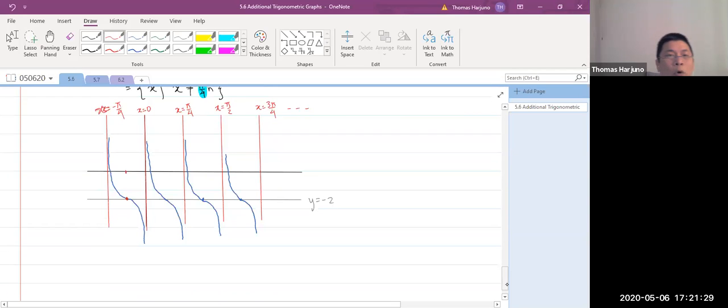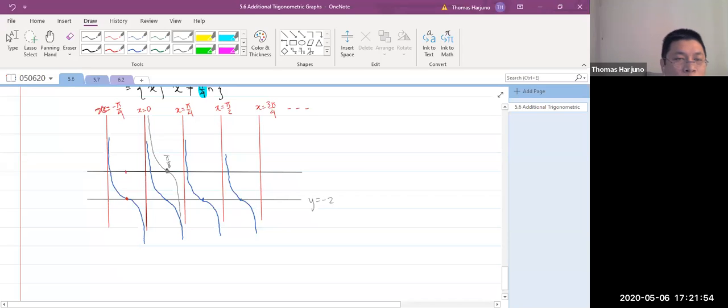Now the original point for cotangent looks like this. If you don't do any transformation, the point here is when x equals half of that, in this case pi over 8.